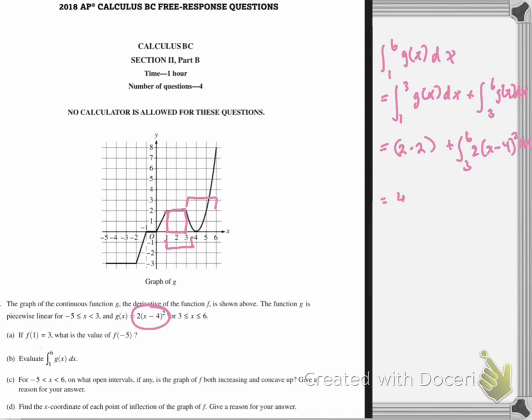That's going to give us 4 plus, let's see, I'm going to take that 2 out, the integral of (x minus 4) squared dx. It's great on the FRQs to write down every single step and show all your work.